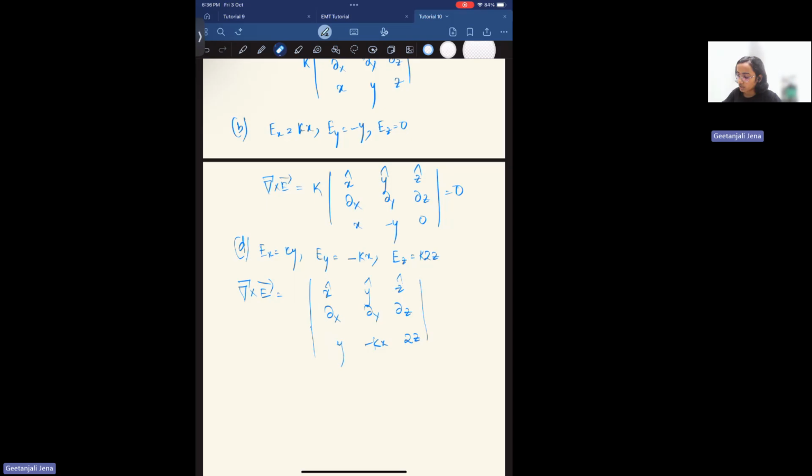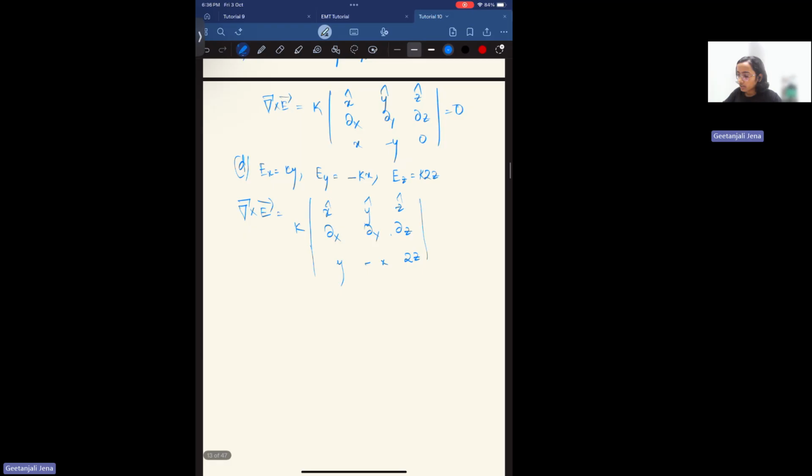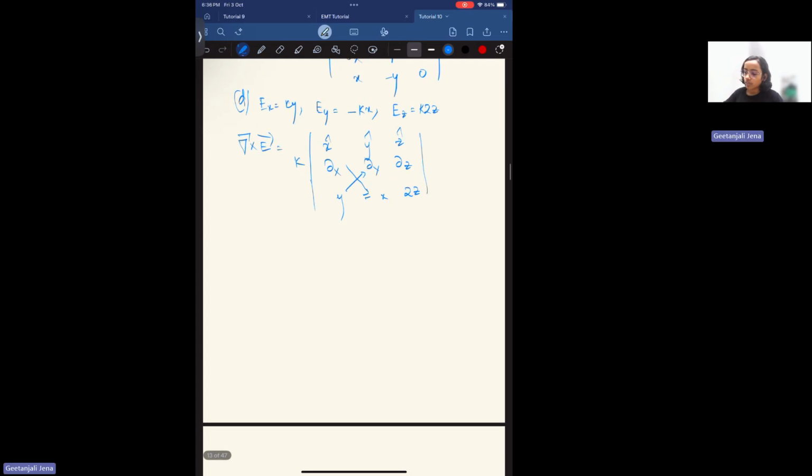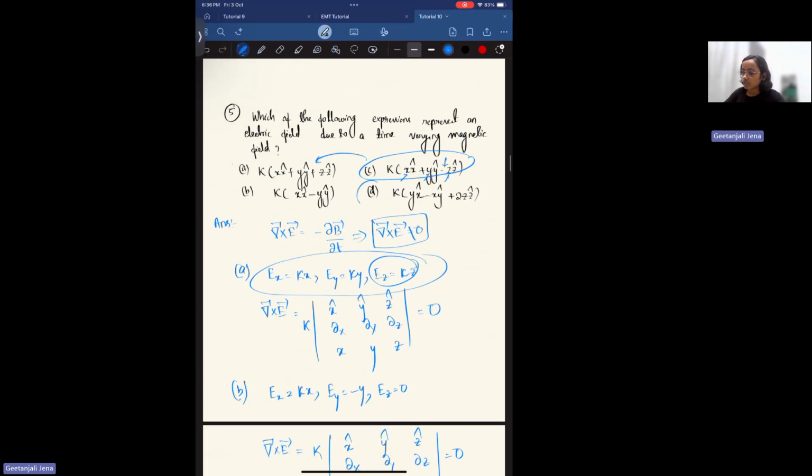I think we can take out the K for all the components. Now if we check the x part, it is 0. Y part, dou of 2z is 0, dou z of y is 0. And for the z part, this is non-zero. This will give minus 2K, z cap. This is non-zero. That means it corresponds to a time varying magnetic field. So the answer would be option D.